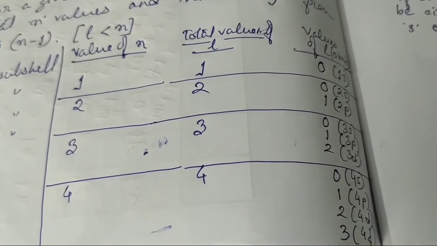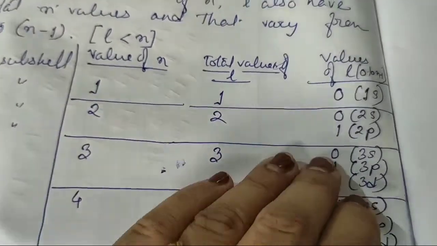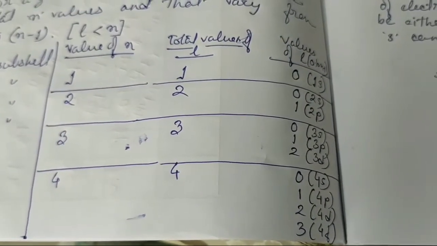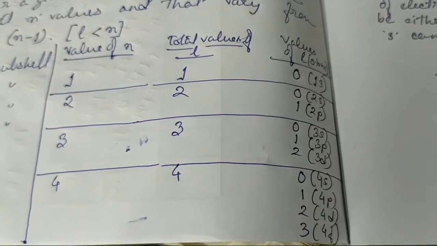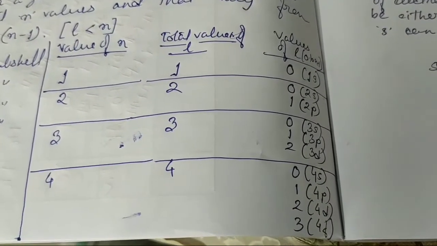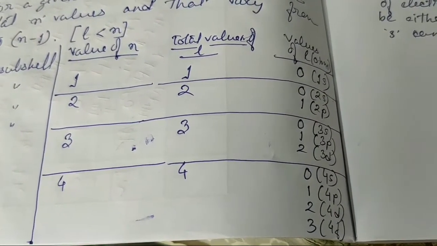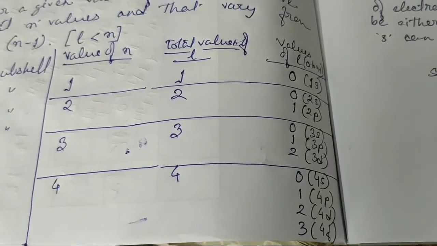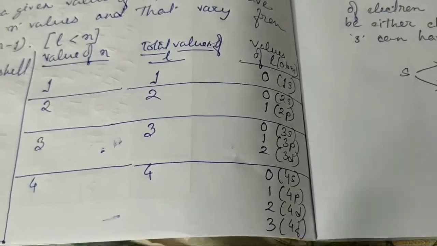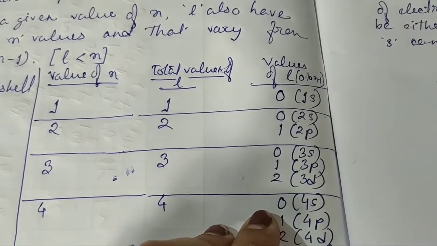So now we are coming to a table. This table gives you the idea of how we can determine the values of l if we know the value of n. There are 3 columns you can make: value of n, total values of l, which should be equal to n, and values of l, which will vary from 0 to n minus 1.